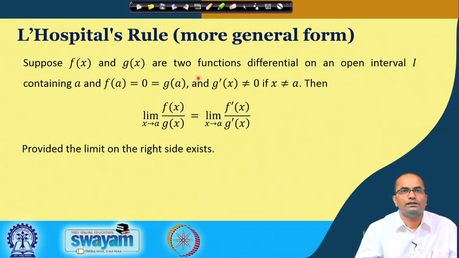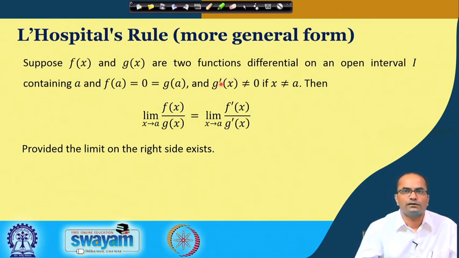If f and g are two functions differentiable on an open interval I, and naturally also continuous on this I containing a, and f a is 0, now a is somewhere inside the interval, not at the boundary. So, if f a is equal to 0 is equal to g a, and g prime x is not equal to 0 in this interval if x is not equal to a, at x equal to a anything can happen.